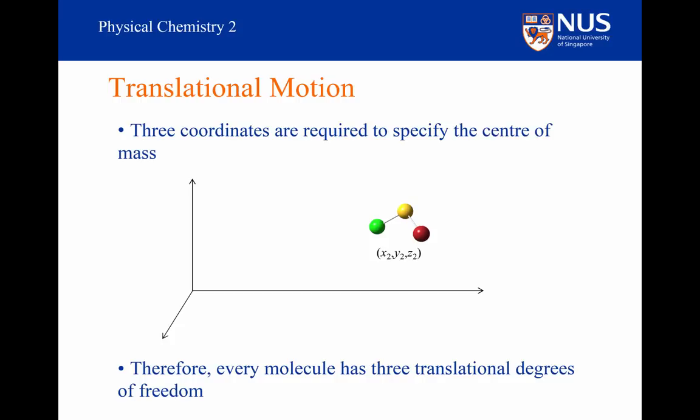A pure translation is one in which, during the motion, there is no relative change in the internal coordinates of the molecule, that is, no rotation and no vibration. So of the 3n degrees of freedom for a polyatomic molecule of n atoms, 3 of those degrees of freedom can be identified as pure translations.